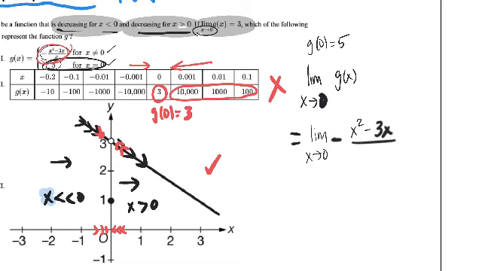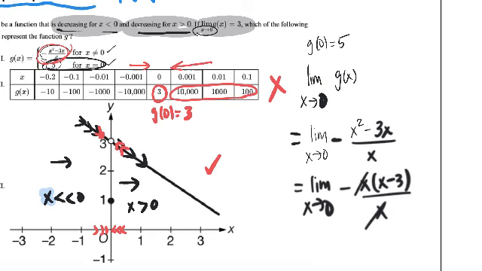I cannot put 0 in because I get 0 over 0. Let's factor out an x on top and see what happens. Now I can cancel the two x's, and now I can put 0 in, and the limit is equal to 3 because this negative multiplies with that negative, and I get 3.